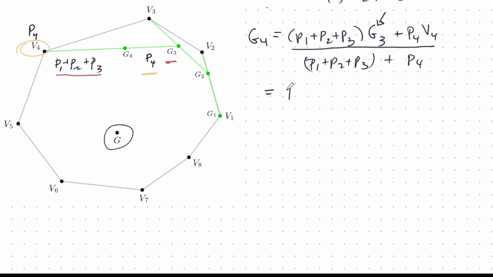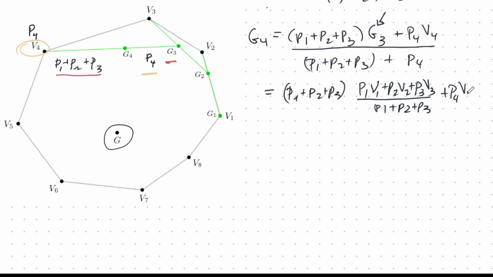This is a bit like induction. P1 plus P2 plus P3 over, and here I have P1 V1 plus P2 V2 plus P3 V3 over P1 plus P2 plus P3, plus P4 V4, all over P1 plus P2 plus P3 plus P4.